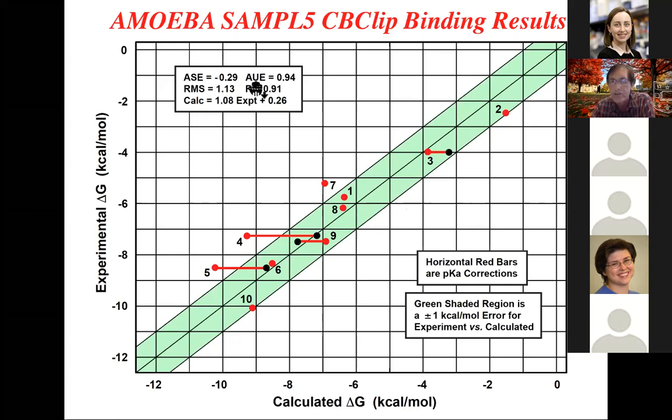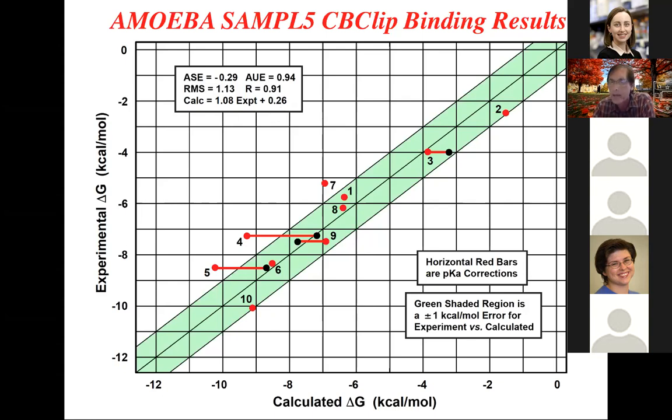You can see the average unsigned error is inside a kilocalorie, and the correlation coefficient is 0.91. The slope of a best fit regression line through that data, calculated versus experiment, is 1.08, and the offset's only about a quarter of a kilocalorie.